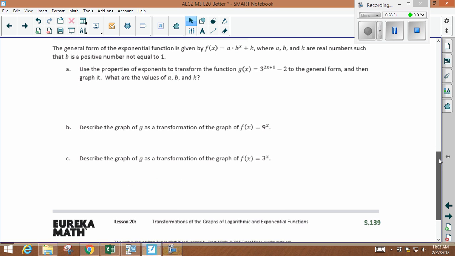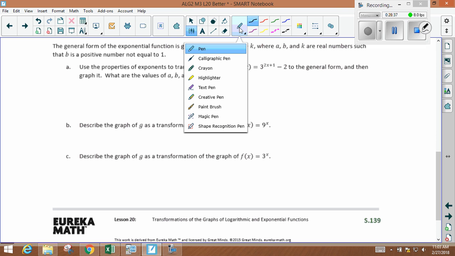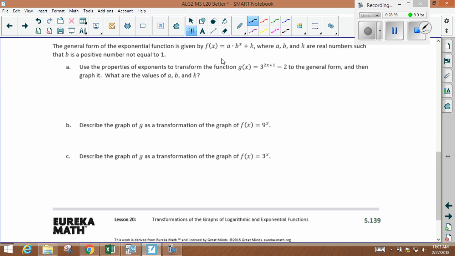All right, let's look at this one. So again, we're going to look at these transformations. I'm going to argue that the 2 is going to be horizontal scaling.